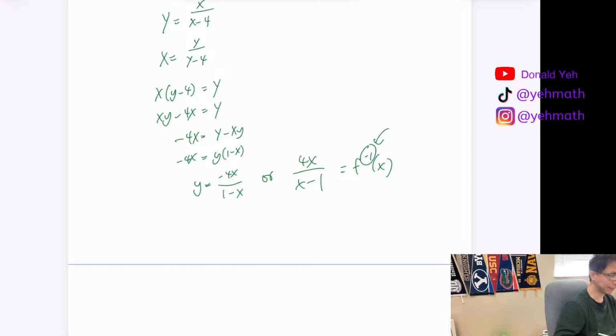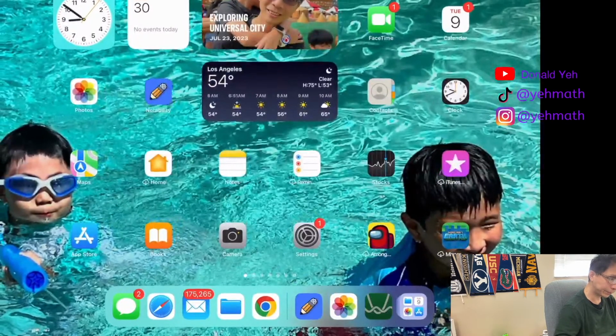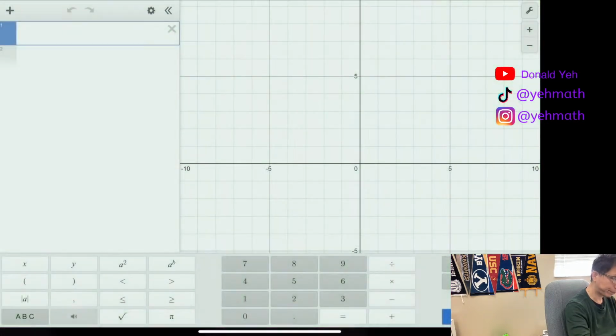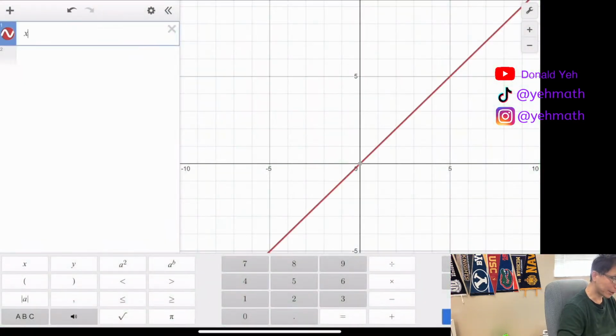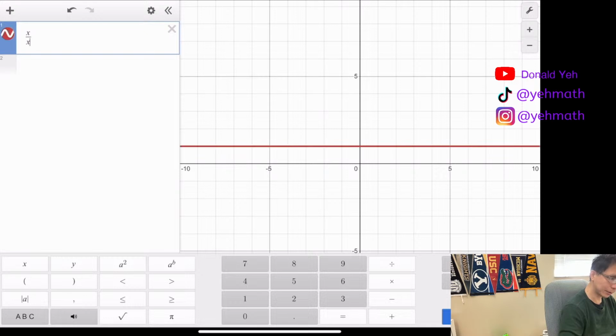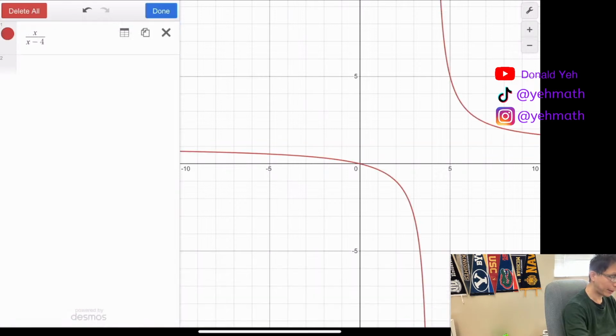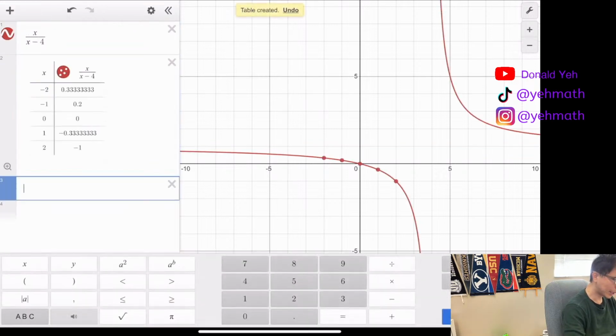If you type in both functions, x over x minus 4, and if I draw a table here, it's gonna give you this. And what's the inverse function? It was 4x over x minus 1, right?